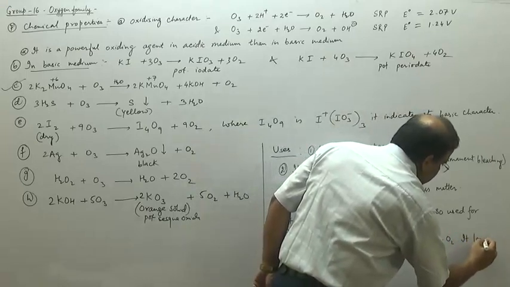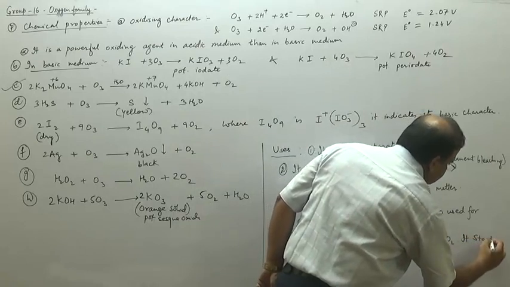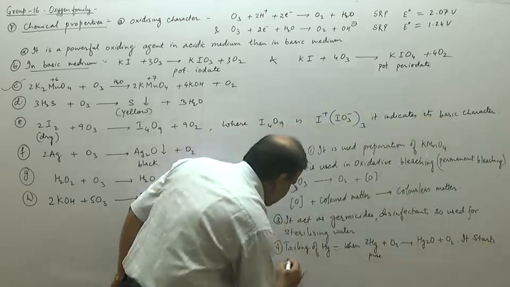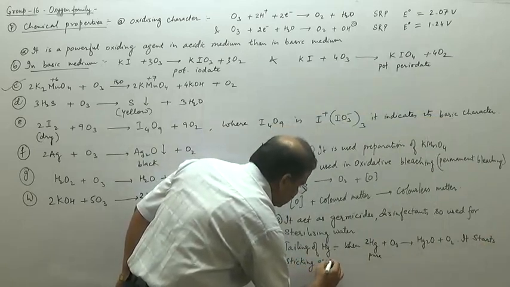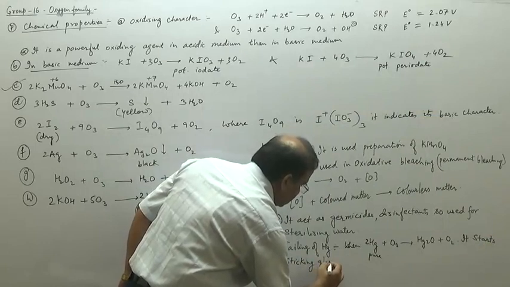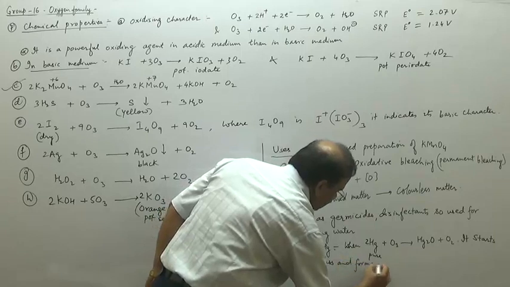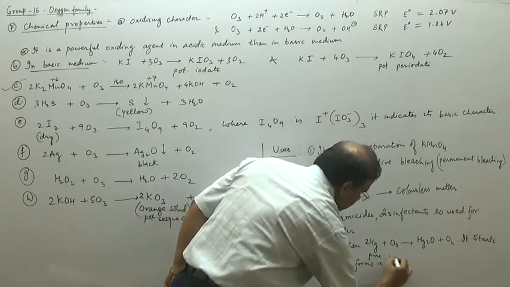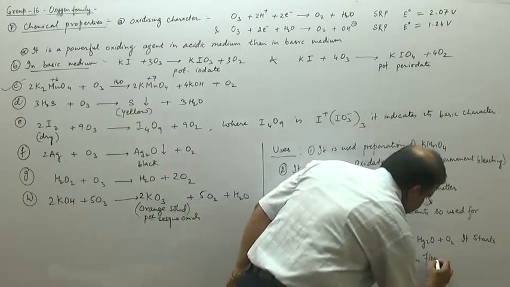So it starts staking the glass and forms a tail when it flows on the glass.